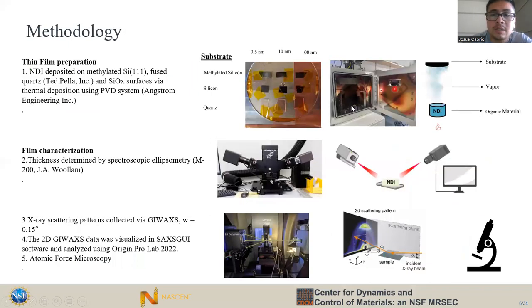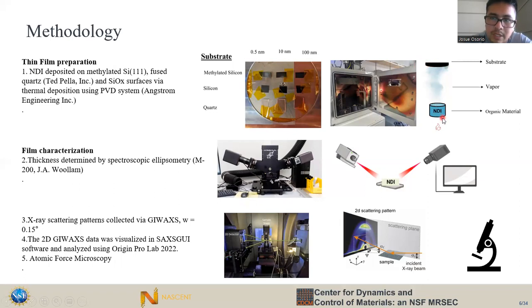Now, the way I do this is by putting silicon, this would be silicon, in this chamber. This would be a vapor method, right? So now we are going to add heat right here, and then we have the NDI vapor here, and then the substrate right here.